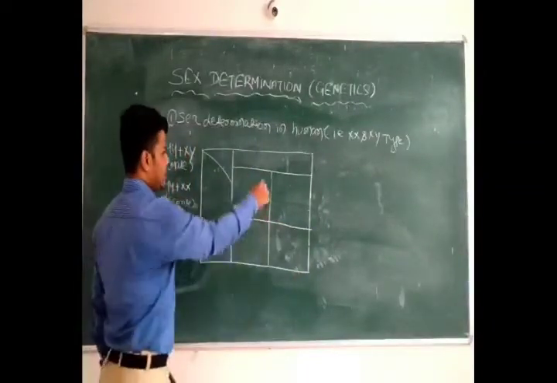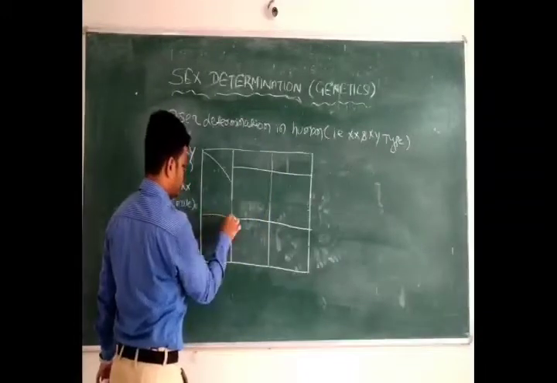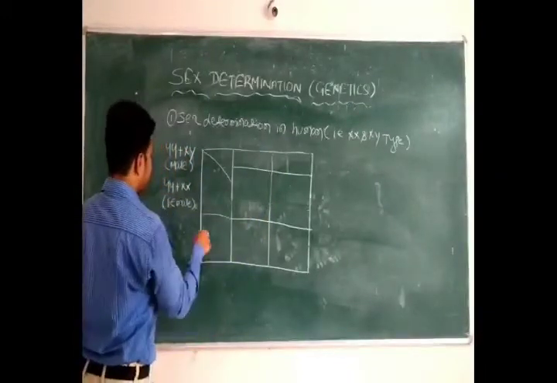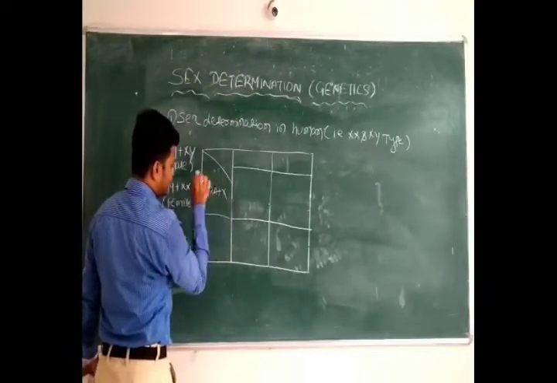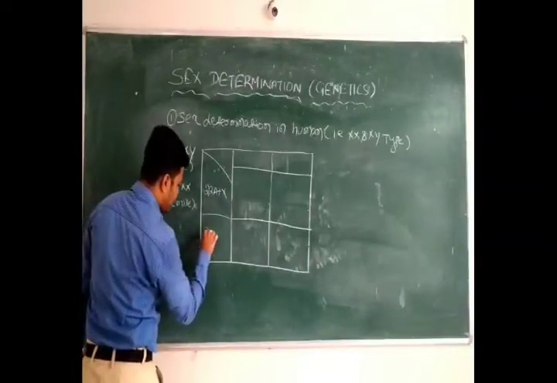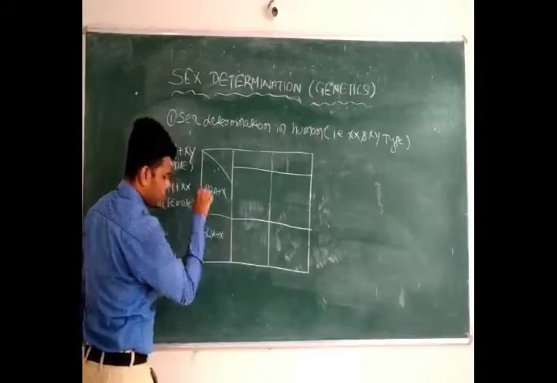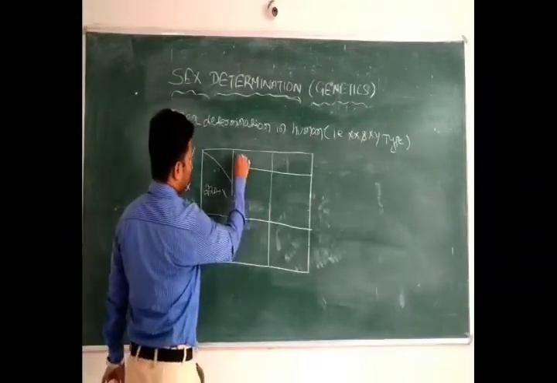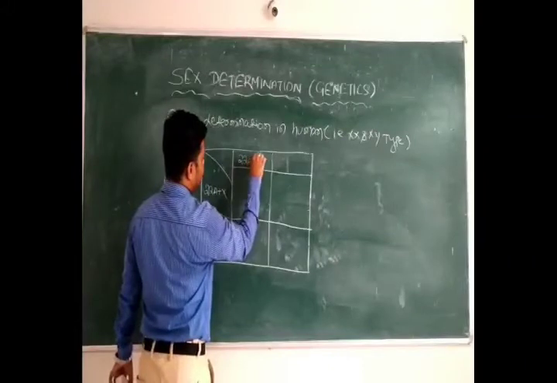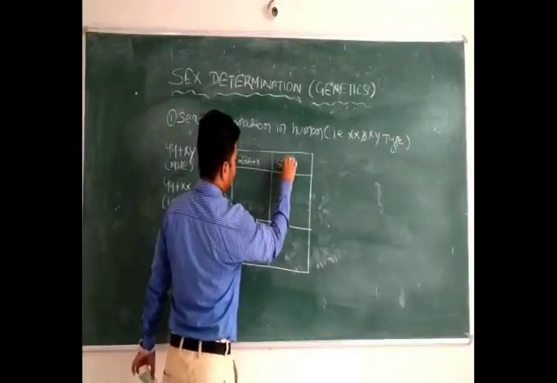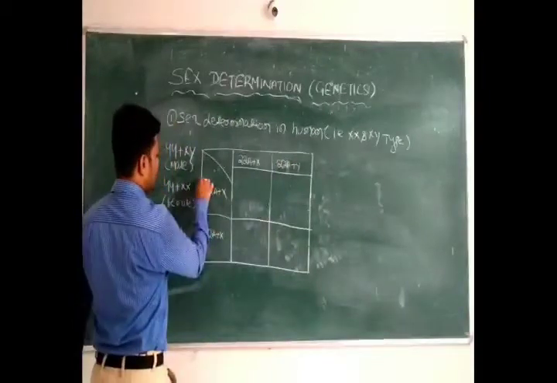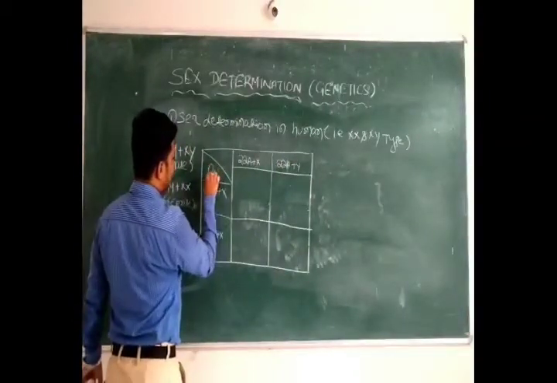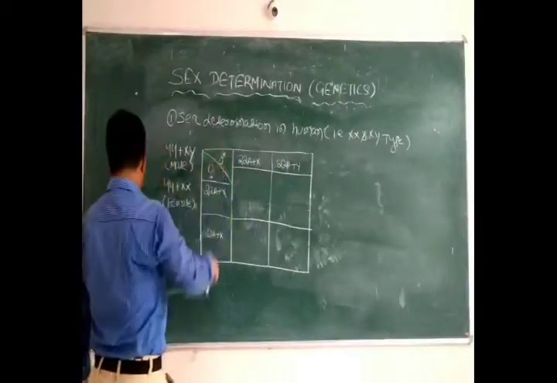So let's draw. Here we take 22 autosomes plus X chromosome in the female and 22 autosomes plus X chromosome in the female. Here we carry 22 autosomes plus X chromosome and 22 autosomes plus Y chromosome in case of male. This is the female and this is the male.